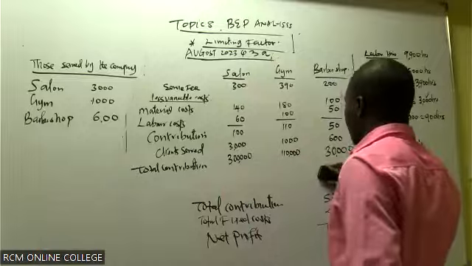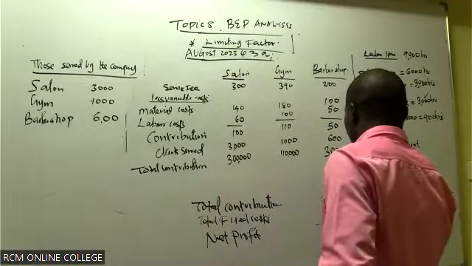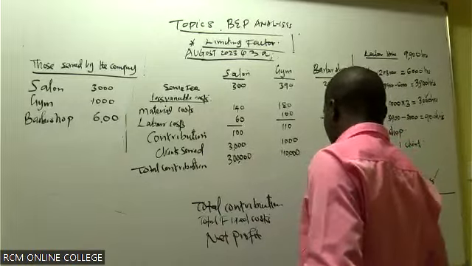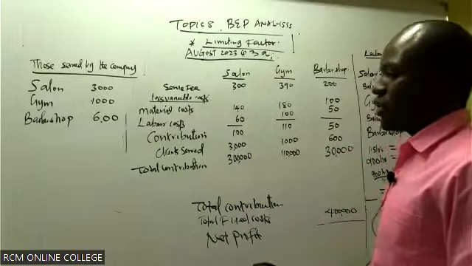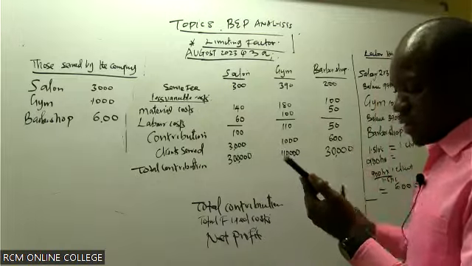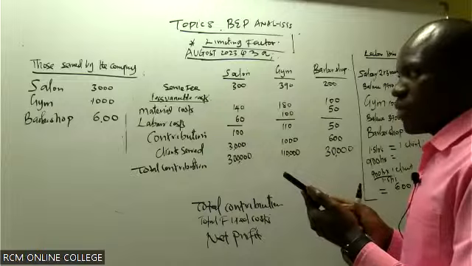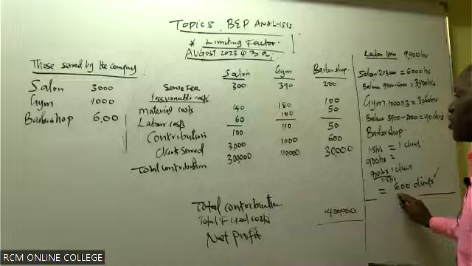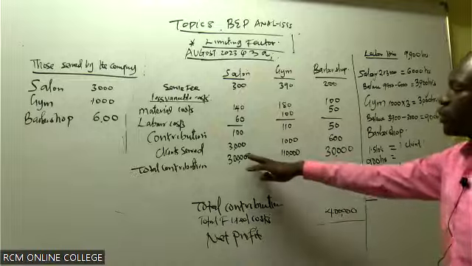So we are now answering the question as per August 2023, Question number 3A, part 3. Having done the rationing, this is what the company managed to provide. And that's what we have here.